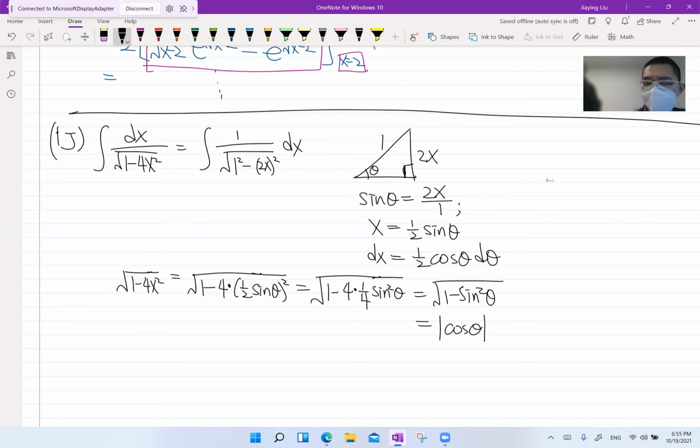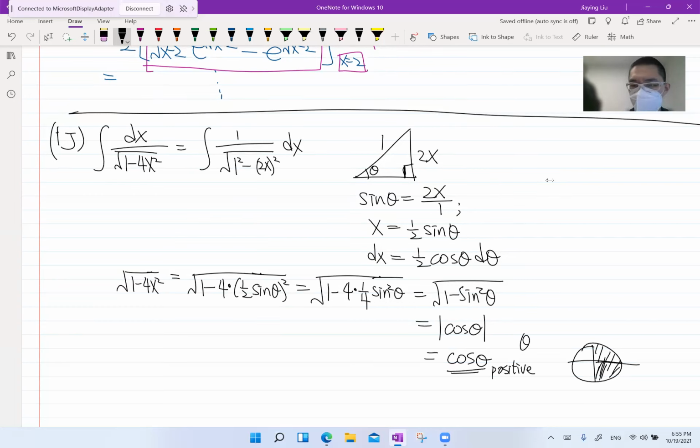And to me, I always just assume cosine is positive, so I just write cosine theta. But obviously, your professor or instructor probably mentioned that you have to be careful with the angle theta, because we want cosine theta to be positive. If you look at the unit circle, cosine is the x value, so we want this part to be positive or 0.